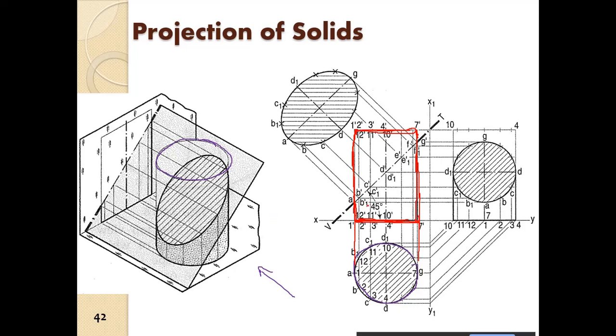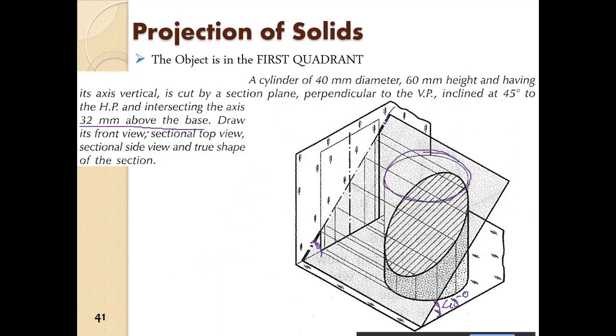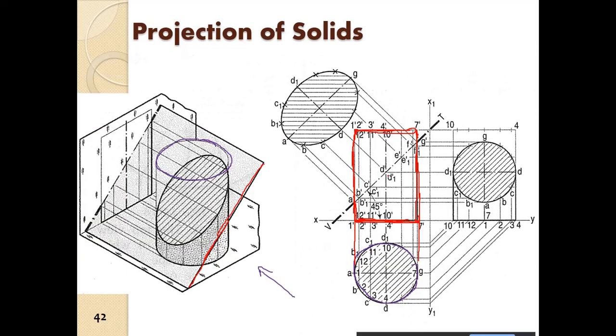So once that is done, now what you do, you draw the plane, intersecting plane. Now the plane is intersecting the axis at 32 mm above the base. So this is 32 mm, this point of intersection. Okay, and it is inclined at 45 degree. So this plane you draw. So number one is top view, number two is front view of the cylinder, number three is plane of intersection.